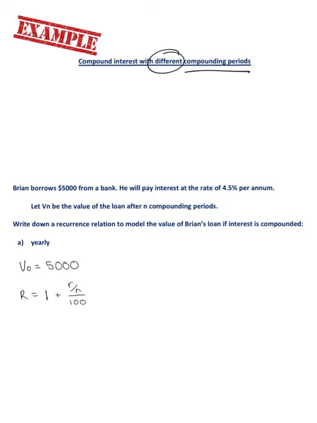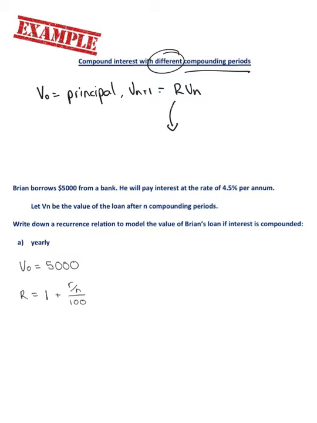You remember that V of naught equals the principal, where V of n plus 1 is equal to R V n. Alrighty, so you'll remember that R equaled 1 plus R over 100. That's correct, but we're going to take it the next step now.